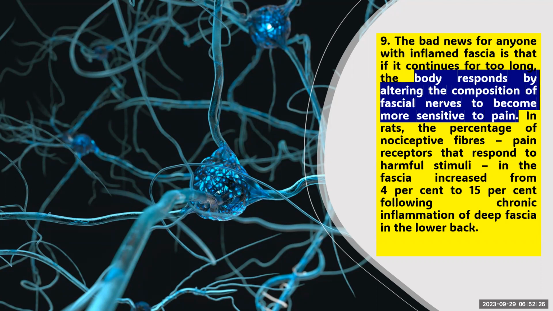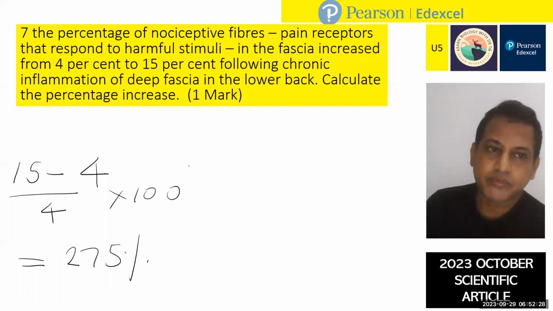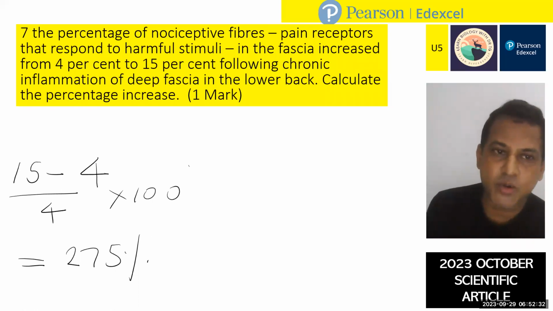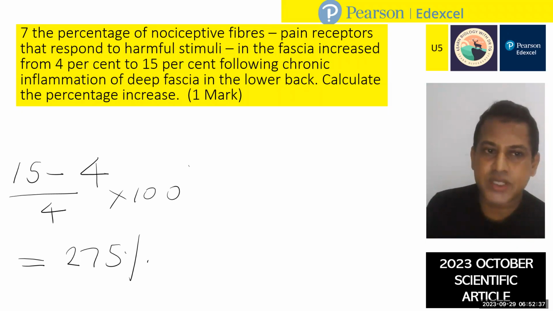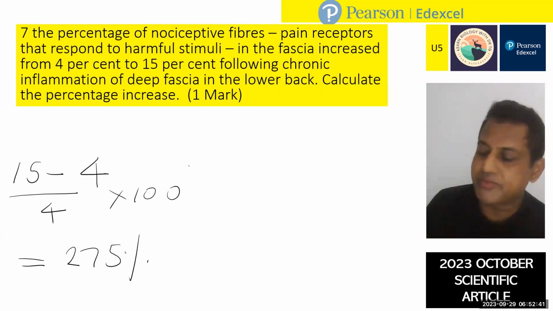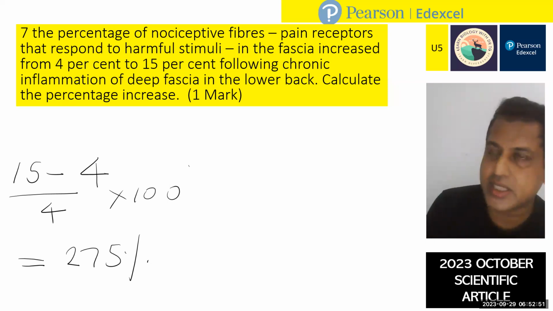The percentage of nociceptive fibers in the fascia increases from 4% to 15%. Now we try to calculate it. So we take the difference first. The difference is 15 minus 4, that is 11. And then the original value, 4, is the initial value.